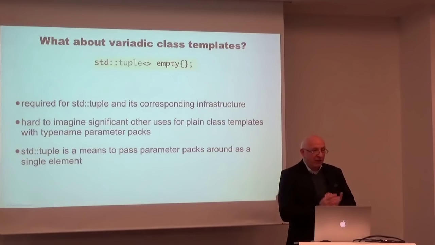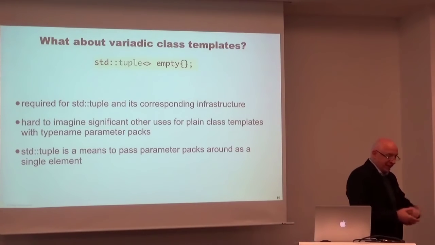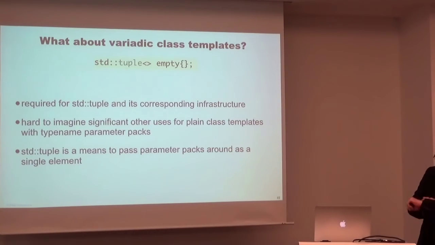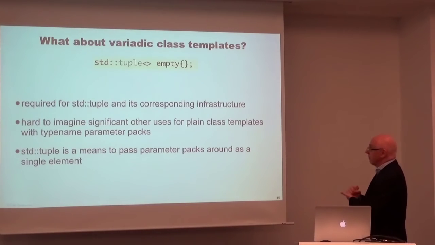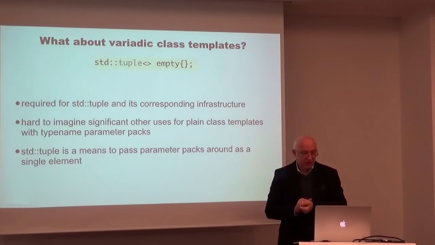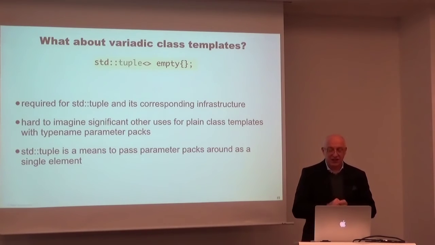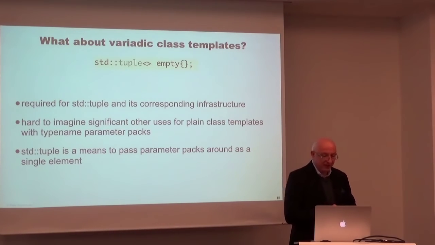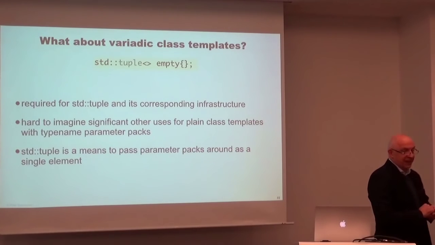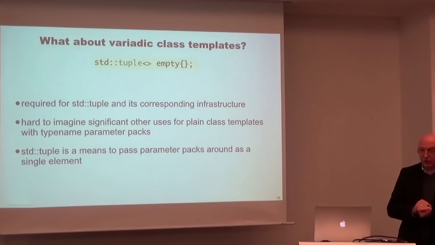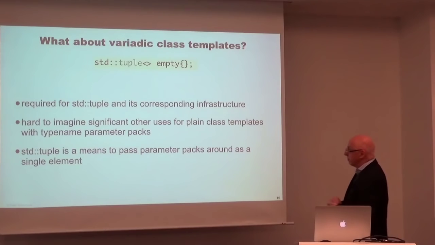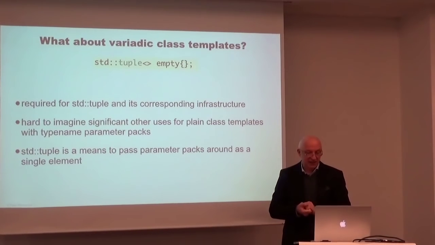Now, let's step aside from variadic function templates for the moment. We can also have variadic class templates. And I'm still looking for variadic class templates with typename template parameters that are something else than tuple. The most important usage is actually tuple-like things.